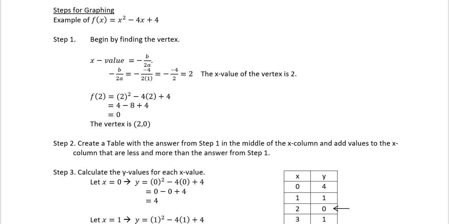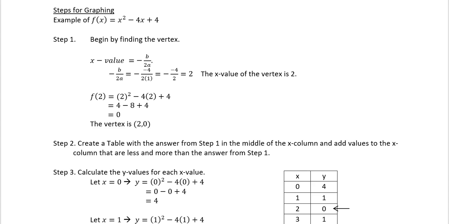On the second page, I have an example that goes through many different steps, and what I'm attempting to do with this example is show you all the different steps that you would have to go through to create a very detailed graph. The example is f of x equals x squared minus 4x plus 4.